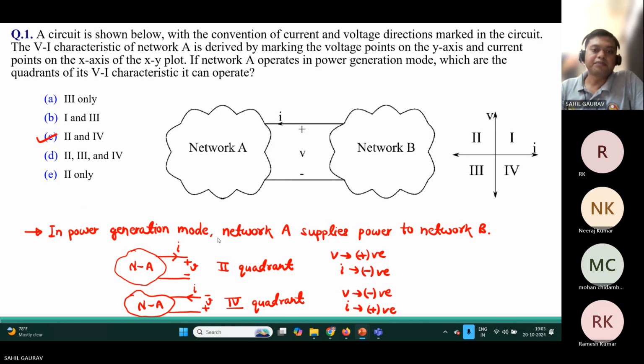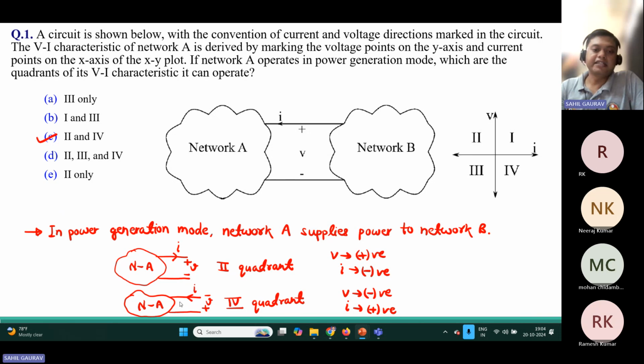So if network A works in power generation mode, the voltage and current across network A will be like this. The first case will be like this. From this sign convention, we can see the voltage is the same, while the current direction changes. So voltage is positive and current is negative, so it lies in the second quadrant.